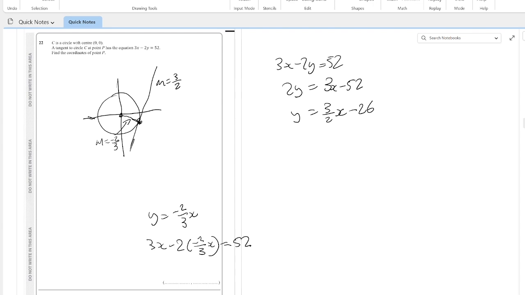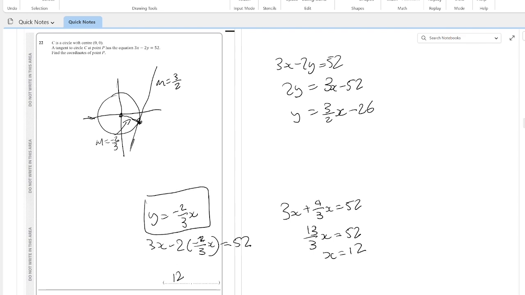And if we simplify this a bit, we get 3x plus 4 over 3 x equals 52. So 13 over 3 x equals 52, and x turns out to be 12. If x is 12, then we can plug this into here, and y is minus 8, because it's 12 times minus 2/3.